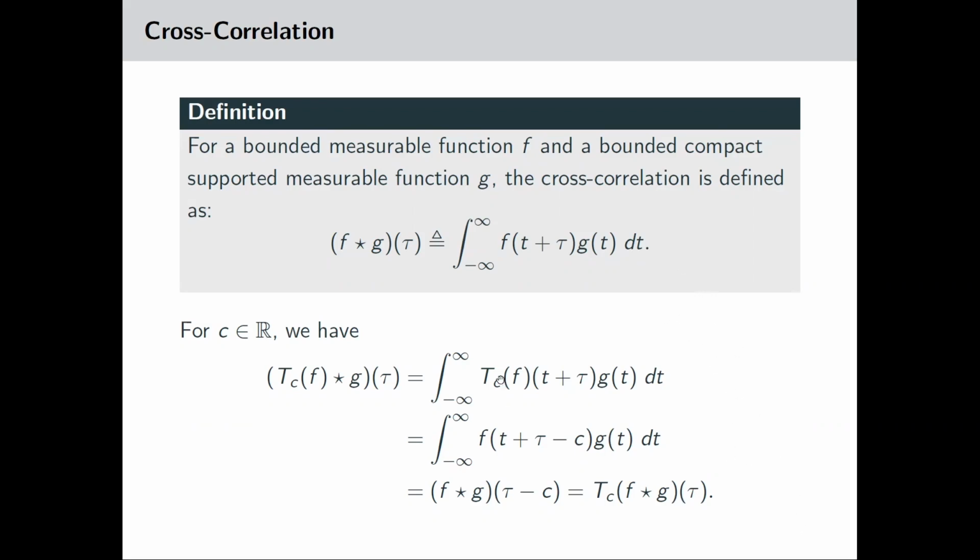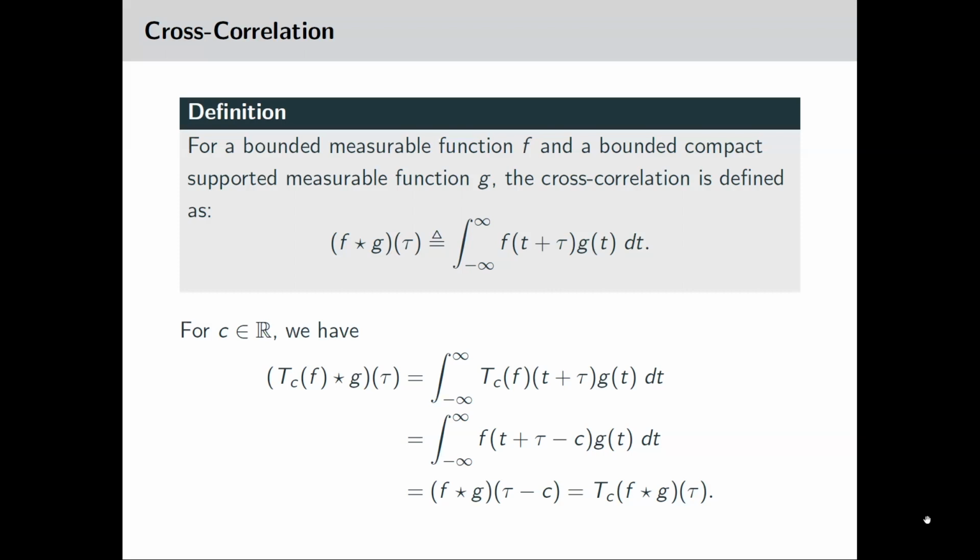That is, the cross correlation between TCf and g, where TCf was just the translated function of f by c, is the same as the translated function of the cross correlation between f and g. So using this operator, we can obtain various translation equivariant operators, because if we change the function g, then that means we can get a new translation equivariant operator.